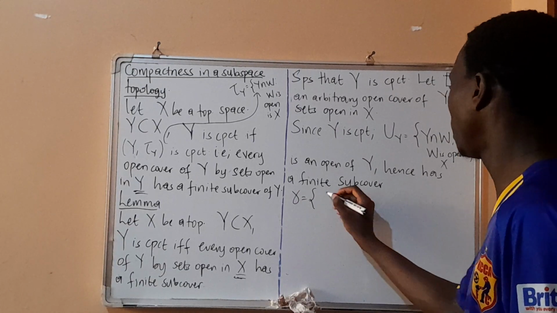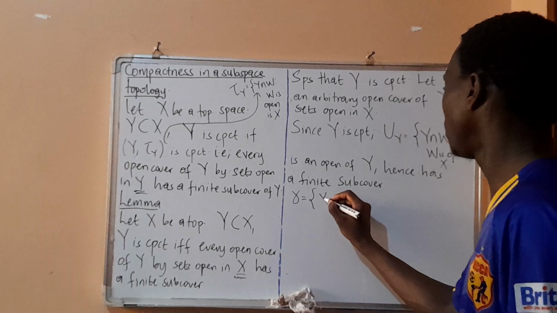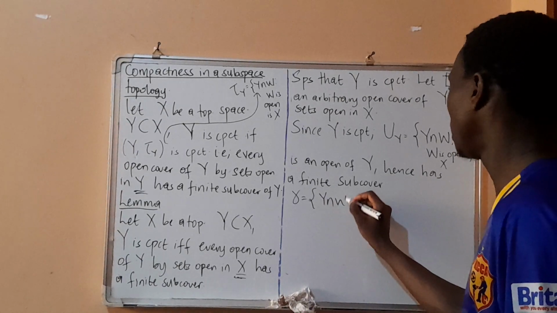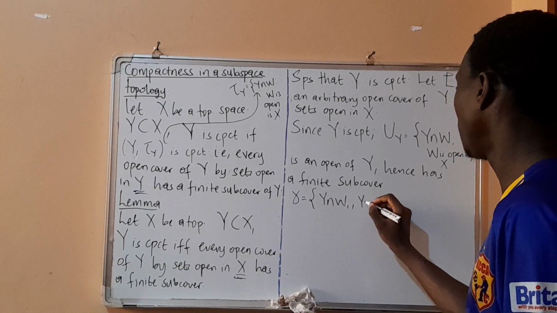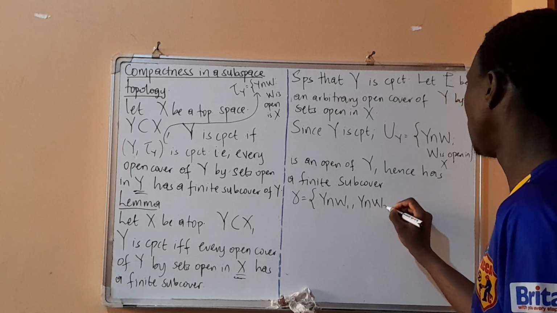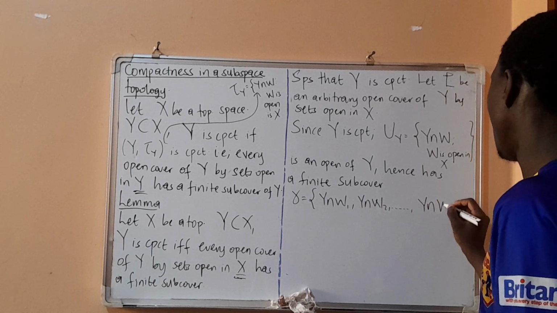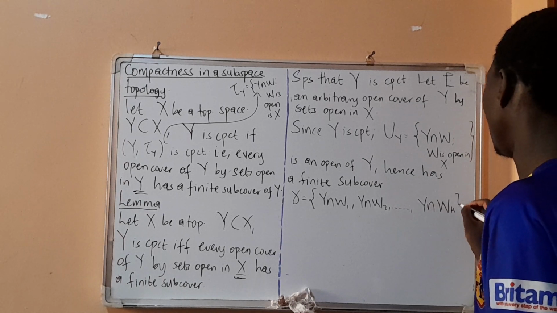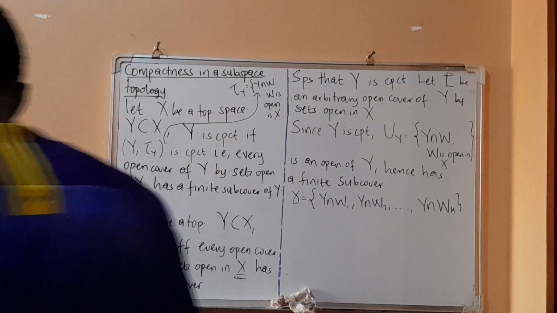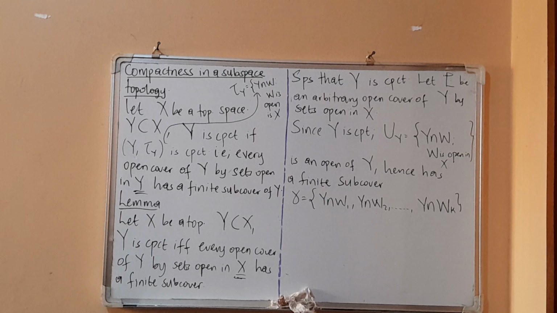Y has a finite subcover consisting of sets of this form: Y intersection W1, Y intersection W2, up to Y intersection Wk. Okay. It has a finite subcover. So what does that mean?